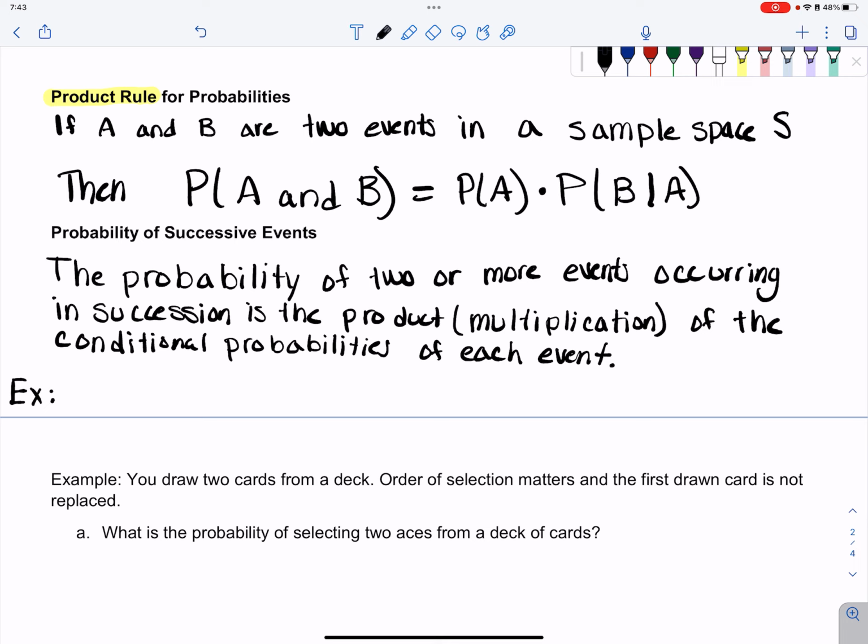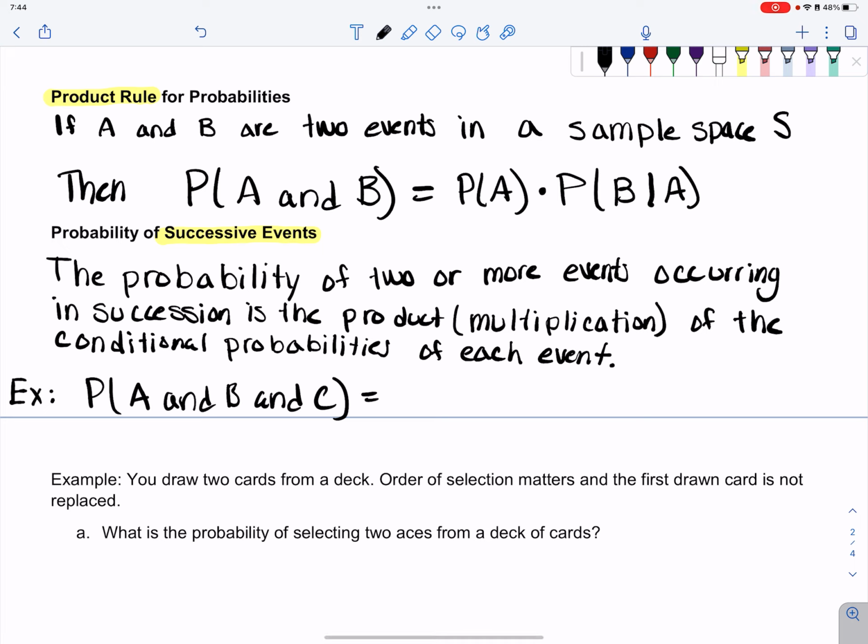This also works for more than two events, and this is what we call the probability of successive events, where essentially we can continue this chain of multiplying by conditional probabilities that the previous events have already happened. An example: if I had three events, A, B, and C, and I want to find the probability of A and B and C happening, all three of these events need to happen.